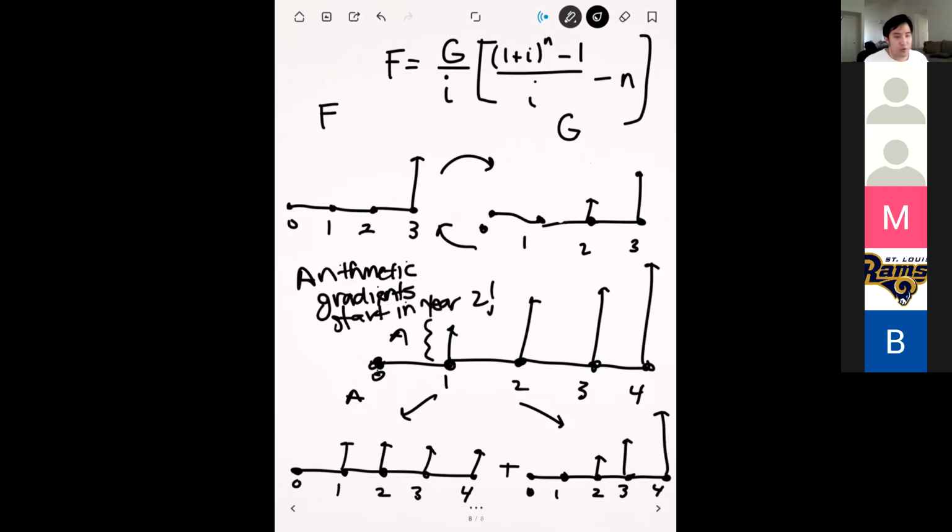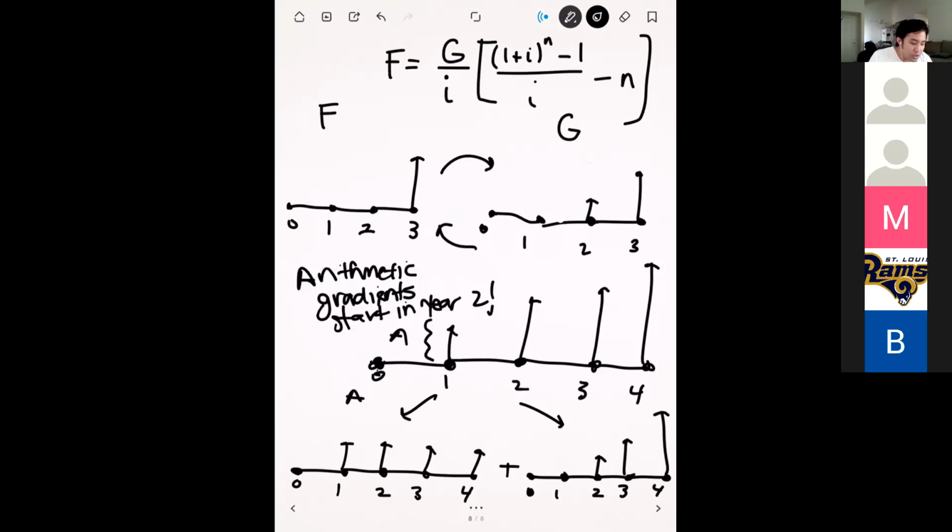So it's a really subtle thing, and it's kind of a weird thing to work with at first, but you should always remember this when you're doing problems. Whenever you have an arithmetic gradient, it only starts at the time when things actually start increasing. So usually things don't start increasing until year 2. Year 0 is a strange time because that's the present day, and year 1 is the first time that you can actually see if you have a payment or not.